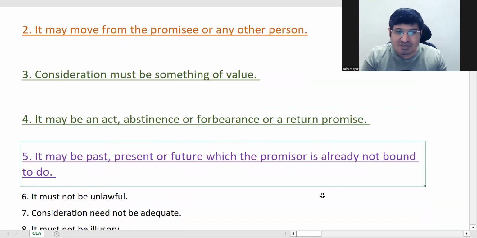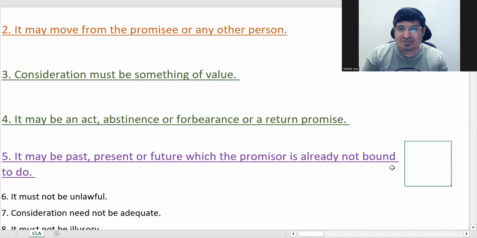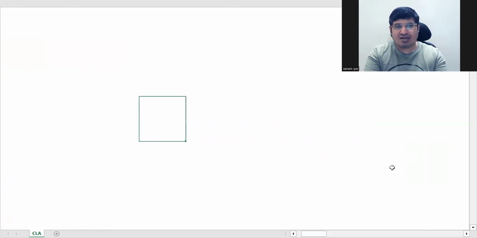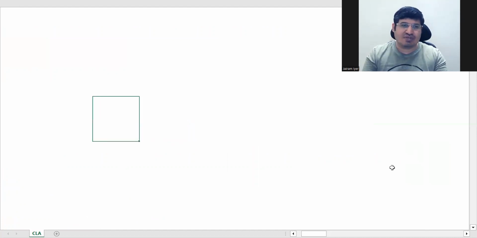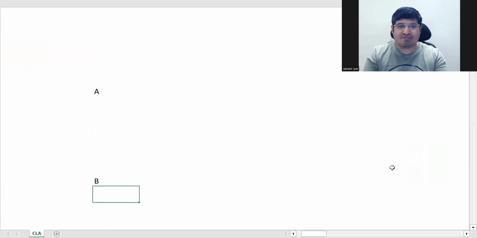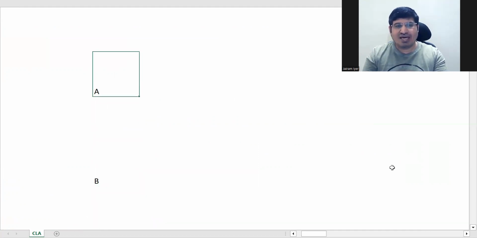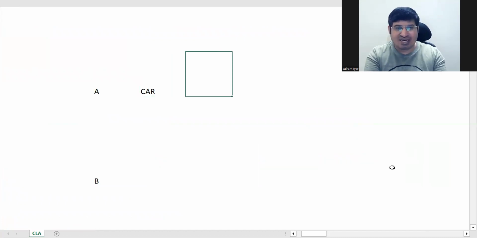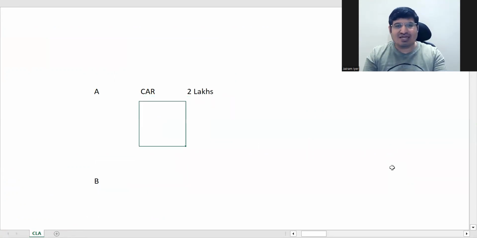Now, what we are saying is which promisor is not already bound to do, why is it specifying that? Say earlier, there's a person A and a person B. A has given B a car, a second-hand car, let us say, for 2 lakhs. B has taken the car and he has not yet paid.